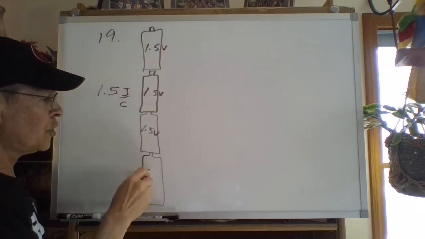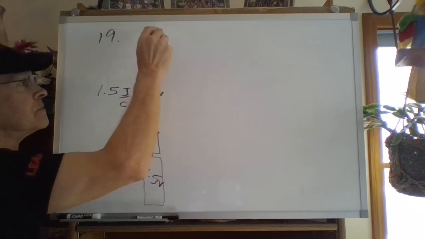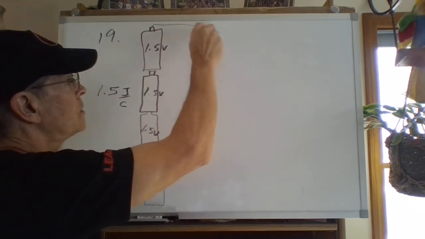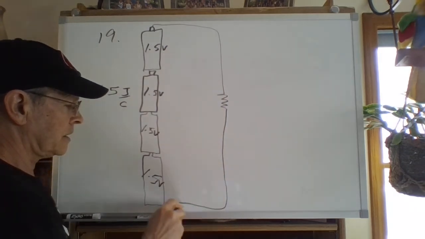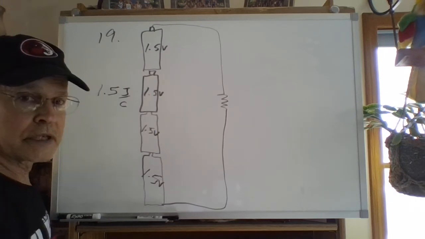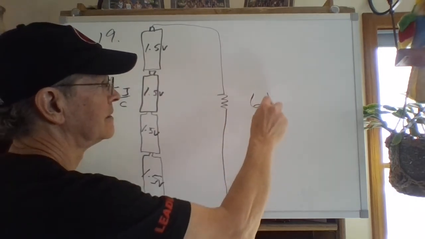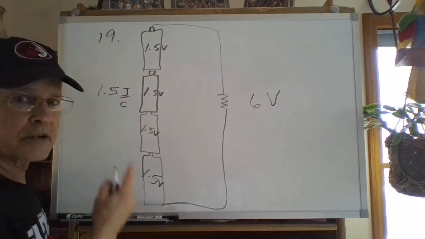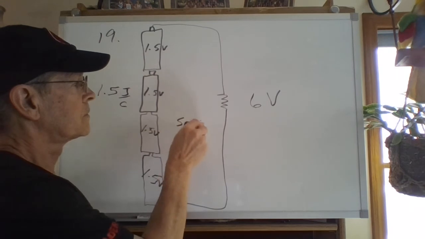So every coulomb of charge that goes from here through some resistor and ends up coming back down to here. Yeah, just what you would think. 6 volts. 6 volts when they're in series. Yeah, this is called series.